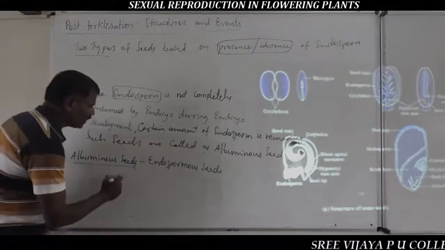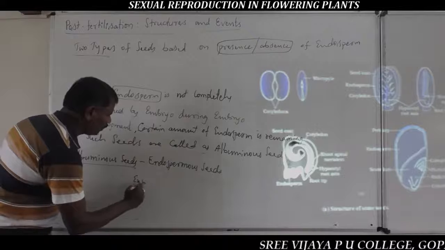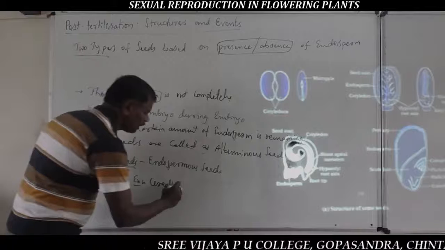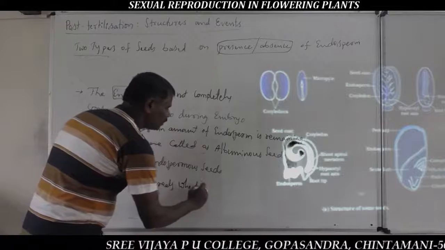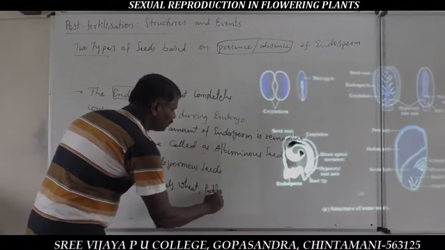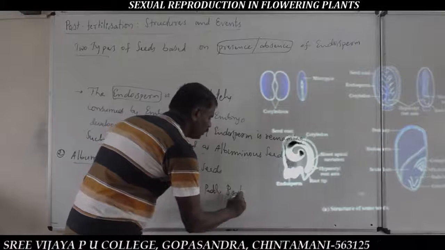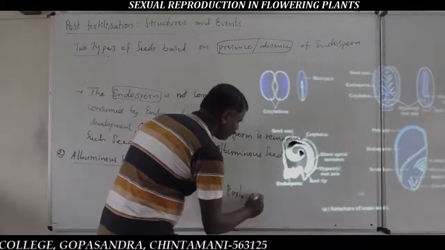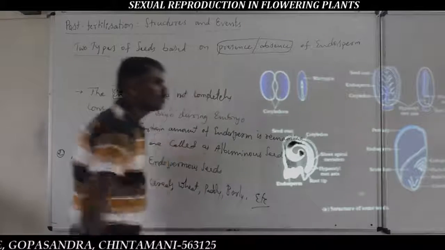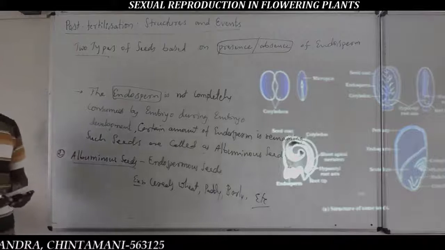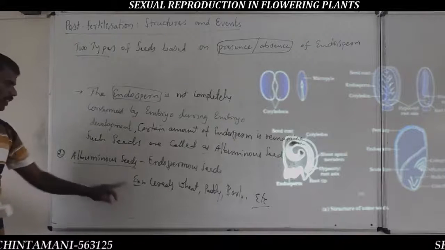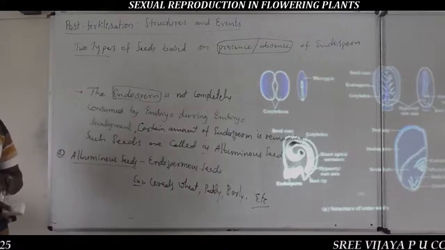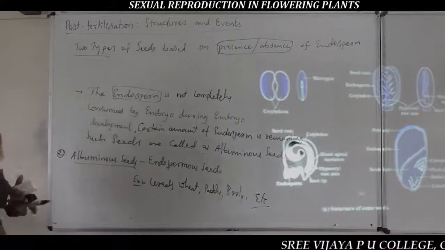Examples of albuminous seeds are most cereals, that is wheat, paddy, barley, etc. In albuminous seeds, a certain amount of endosperm remains.